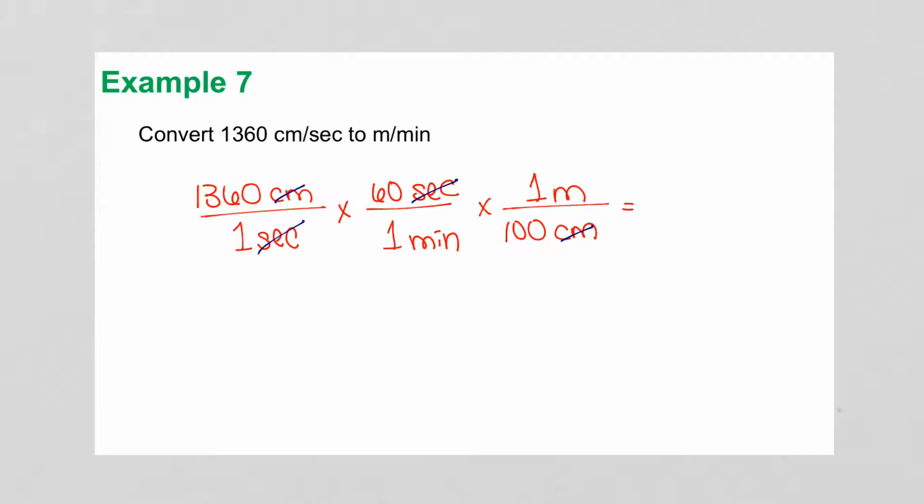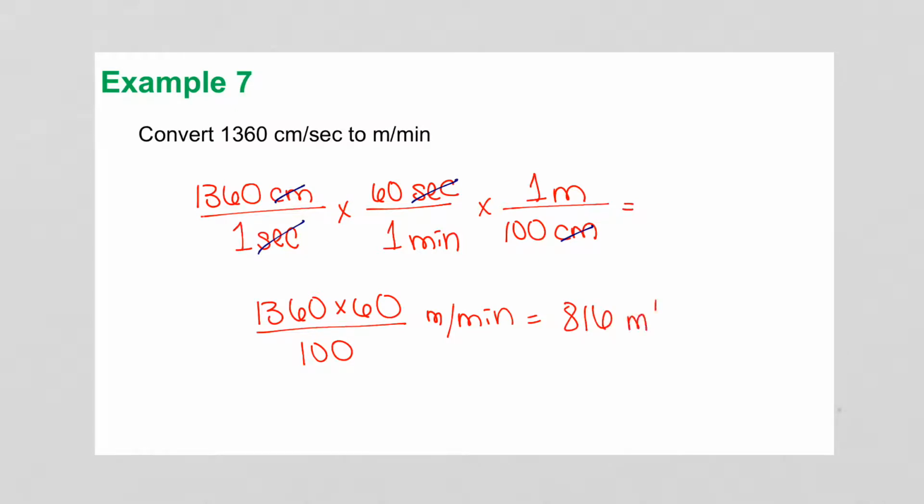So you would take 1,360, multiply by 60, and divide by 100, and be left in meters per minute. That's 816 meters per minute.